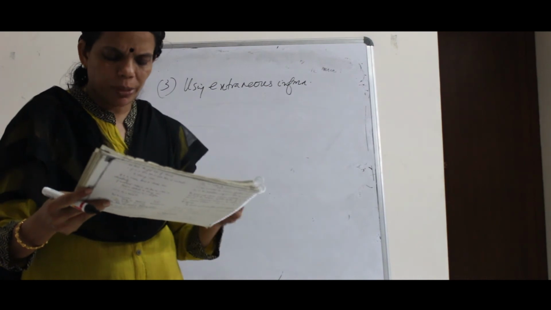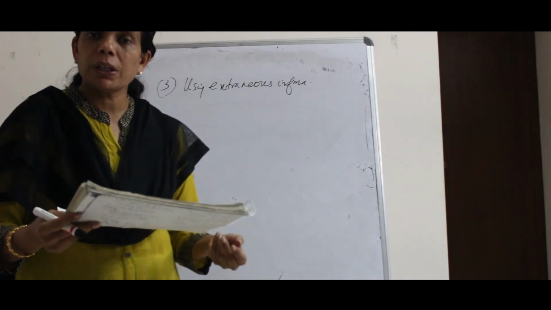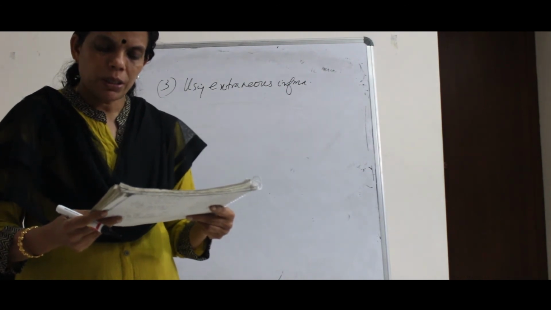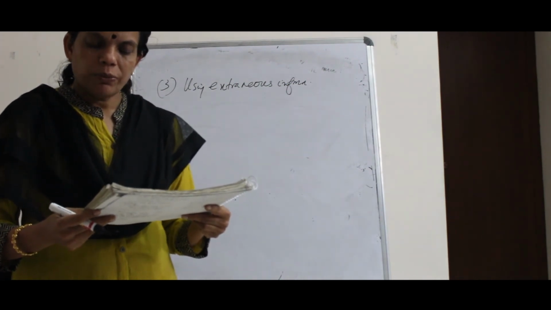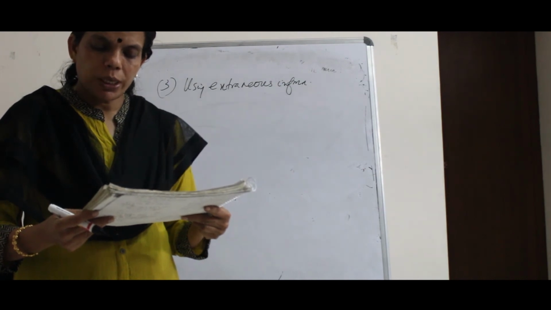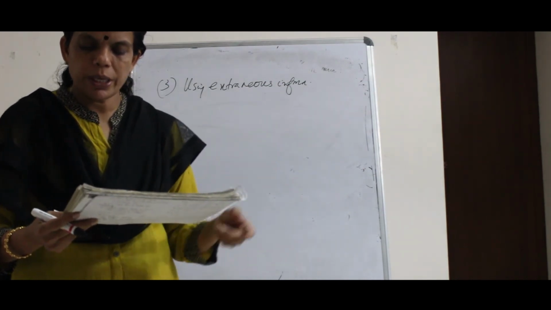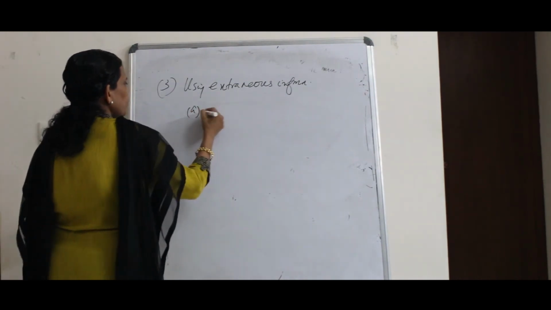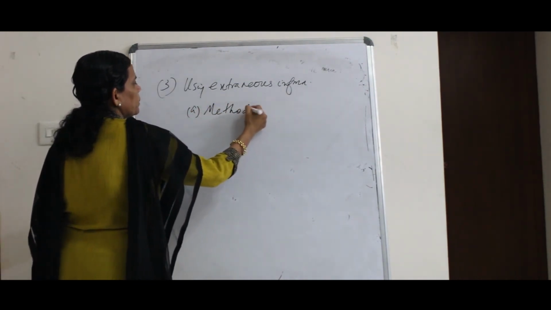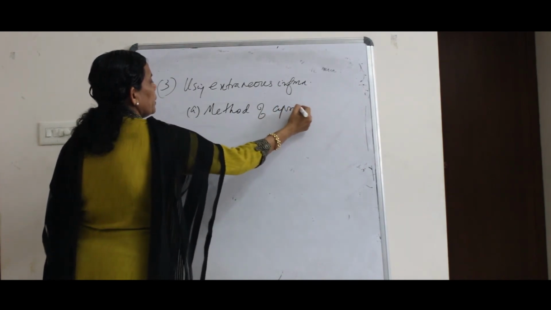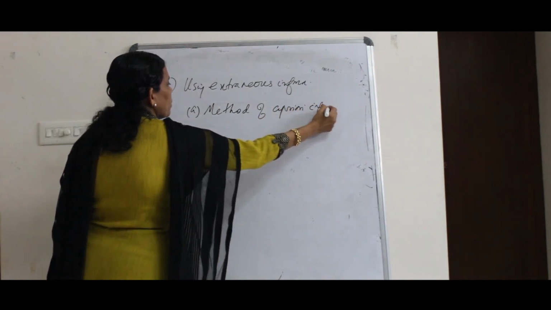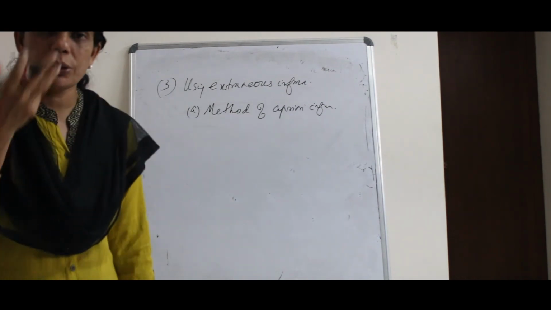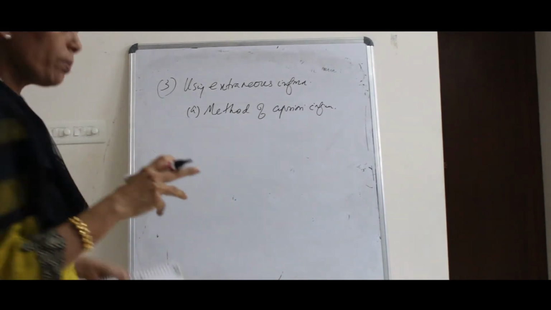Extraneous information may be available from economic theory or from empirical studies already conducted. The method through which extraneous information is utilized to deal with multicollinearity can be done using two methods. One is the method of a priori information. Somebody has already done some work on this and you get the result. You use that in order to solve multicollinearity.